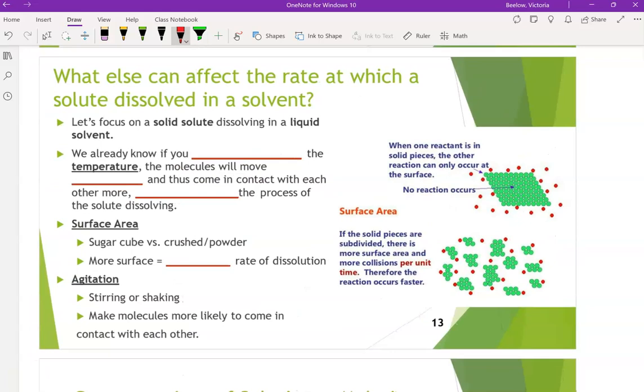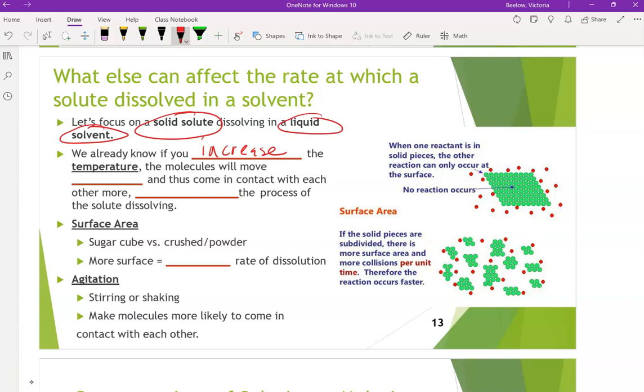All right, so then we can look at how certain things affect the rate at which a solute dissolves. Again, this is for a solid solute, liquid solvent, so like salt in water.